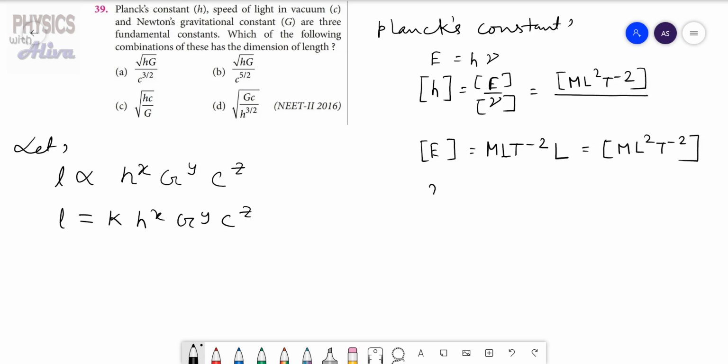And the frequency is equal to 1 by time period, so the dimension of frequency is T inverse. So the dimension of Planck's constant is M L squared T to the power minus 2 plus 1, that is T to the power minus 1.